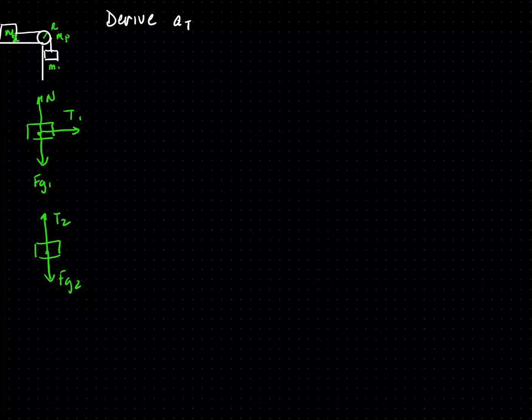Again, if the pulley was massless, the tensions would be the same, but they're not because these tensions will produce a torque. So for the pulley, I have a tension going this way, which is T1. I have another tension going down, which is T2. We're going to assume the object is going to accelerate downward.